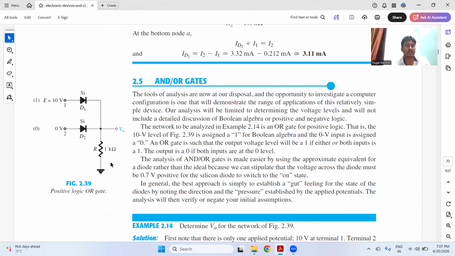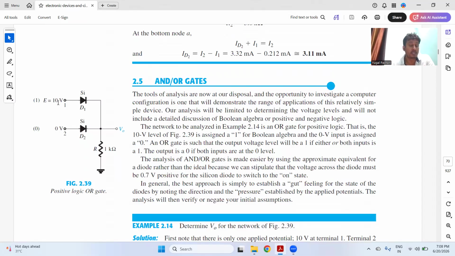If you try to understand the operation of this particular circuit, then you can realize that all the logic gates, whether it is AND, OR, or NOT, can be realized using the silicon diode or the germanium diode. If you're using a silicon diode, the drop will be higher, 0.7.